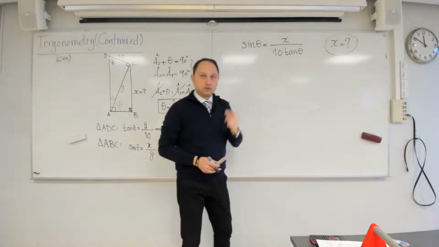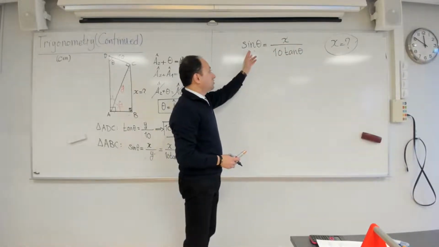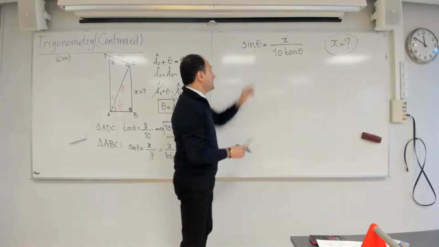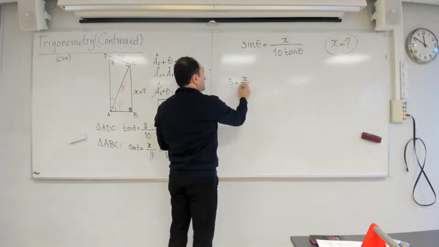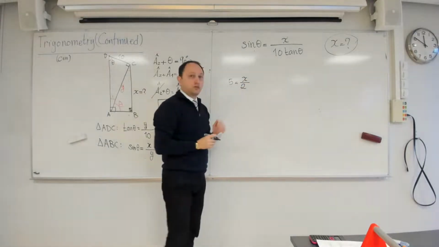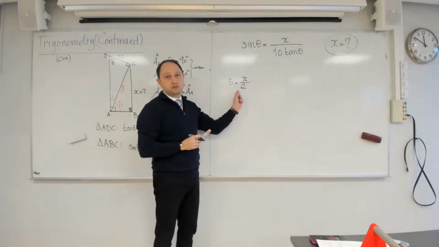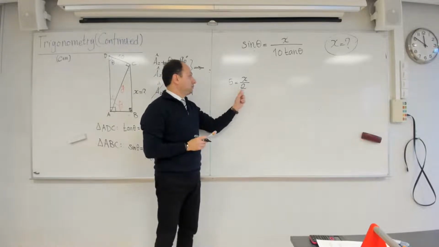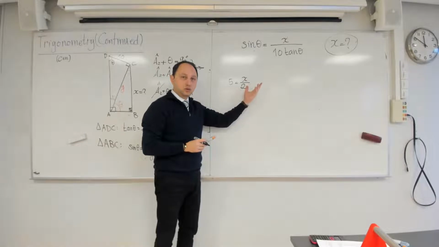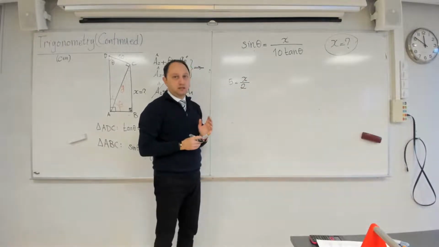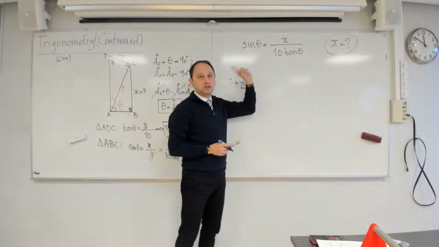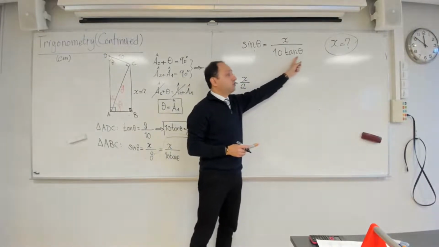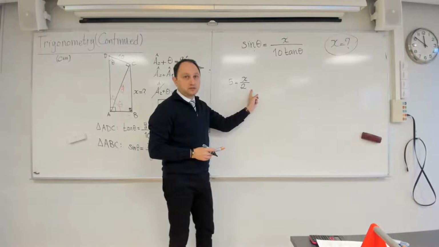What I want you to understand is that there is no essential difference between this equation and this equation. I am sure that if I ask you to solve this equation, you know what to do. You immediately multiply both sides by 2 because your goal is to make x alone, and then x becomes 10. I want you to really understand that there is no essential difference between this question and this question.